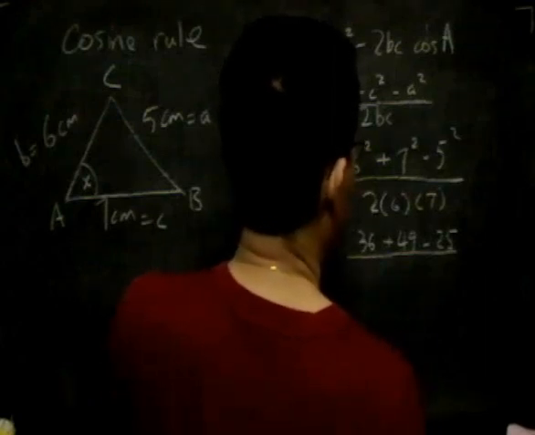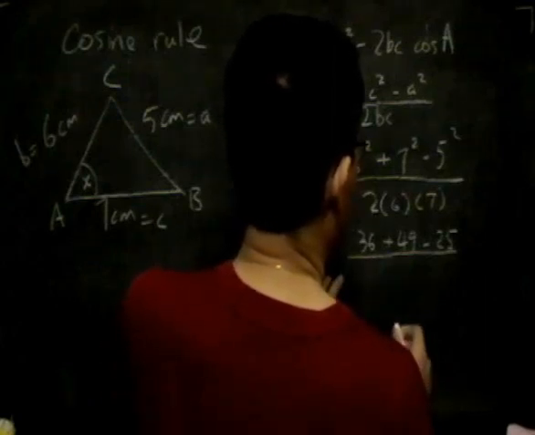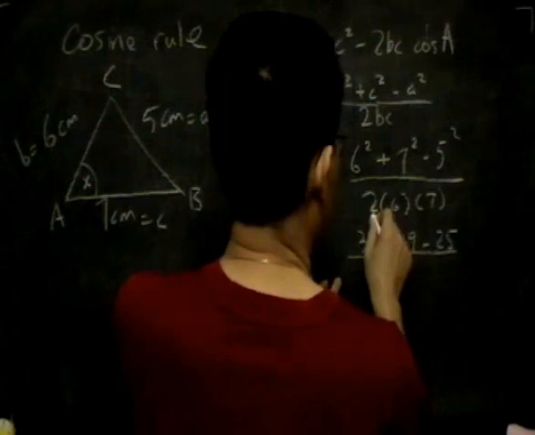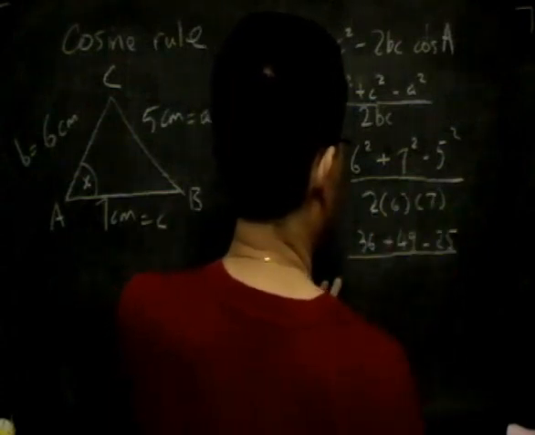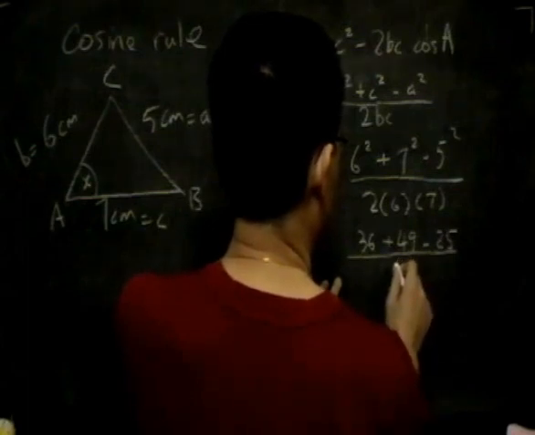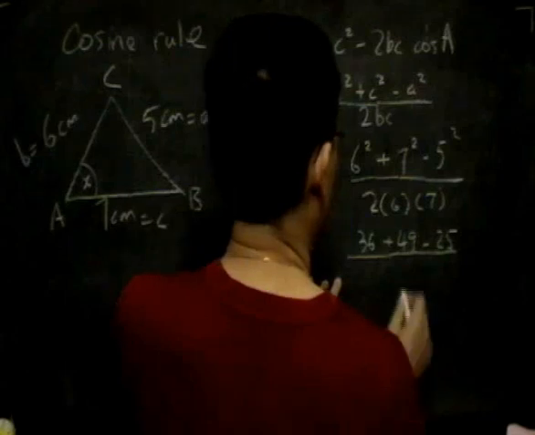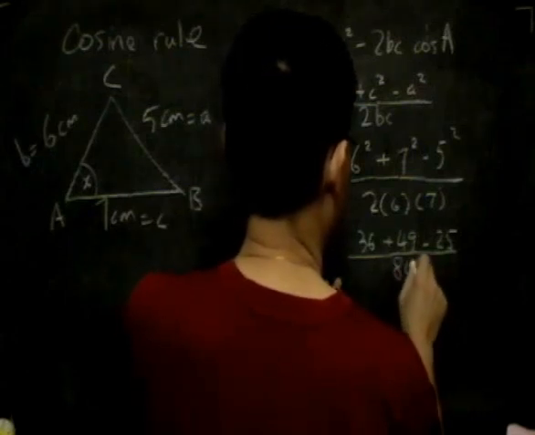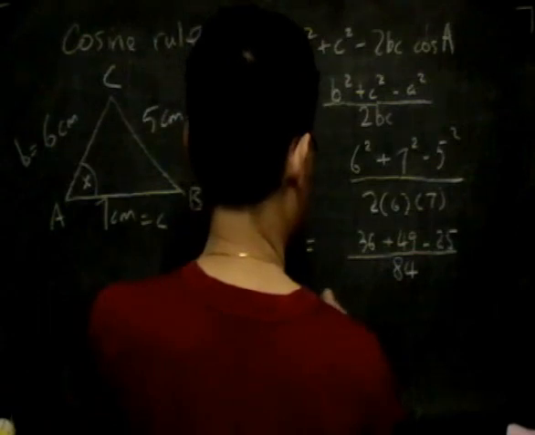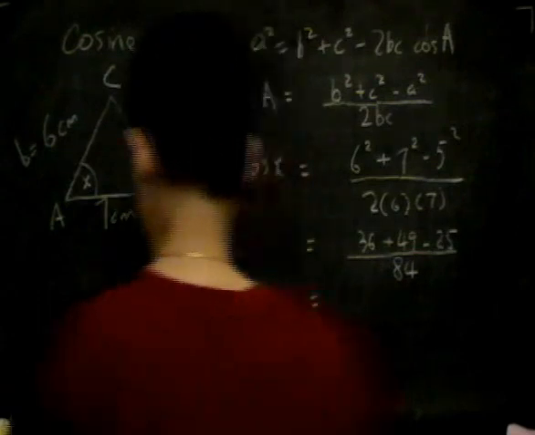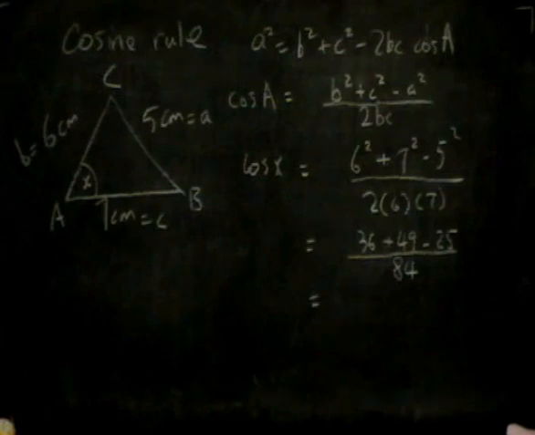Right, 2 times 6 is 12. 12 times 7 is, let's see, 84. Alright, let's use the calculator.